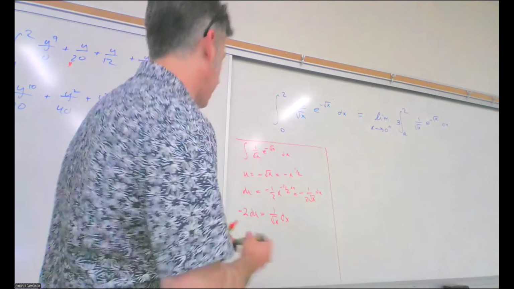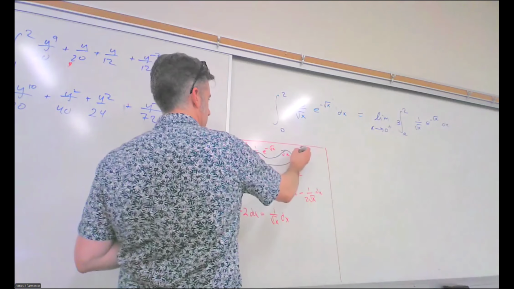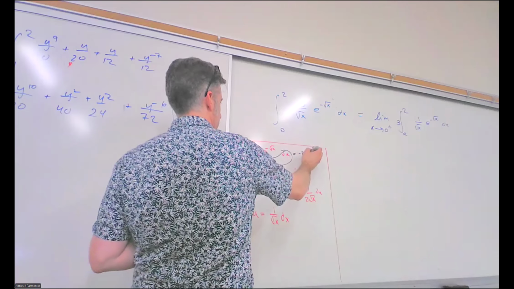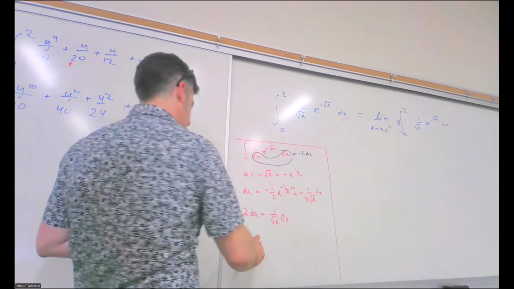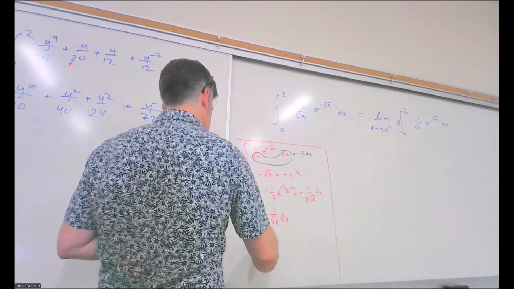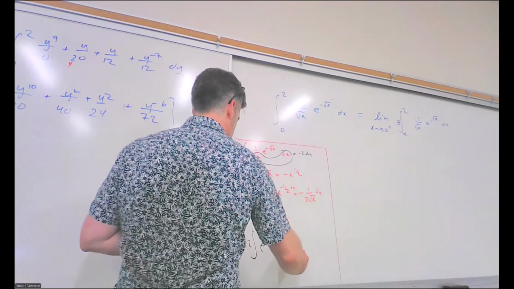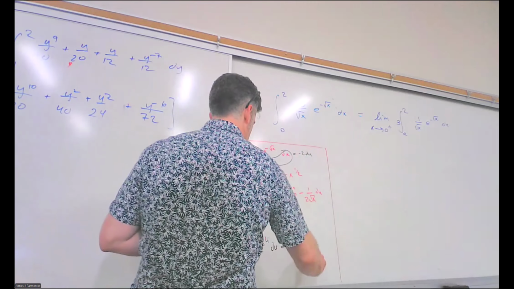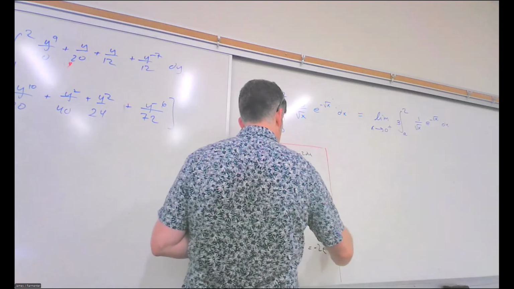So here's my dx over root x, which is equal to negative 2 du. And here's my e to the u. So I have the integral of negative 2 e to the u du, which is equal to negative 2 e to the u, which is equal to negative 2 e to the negative square root of x.